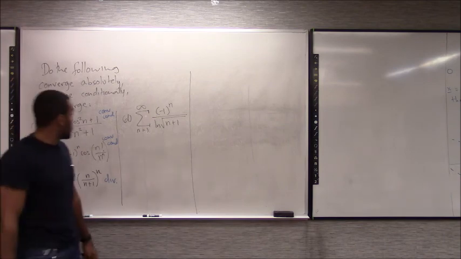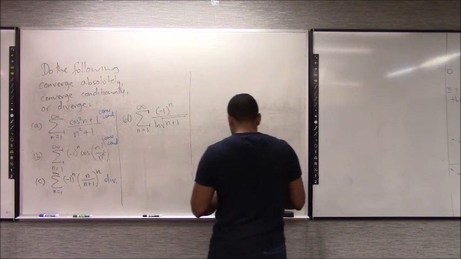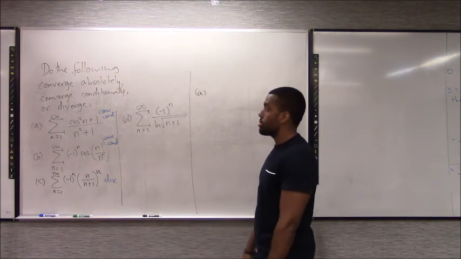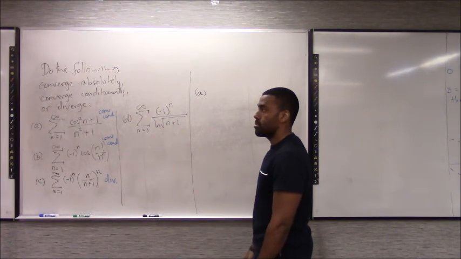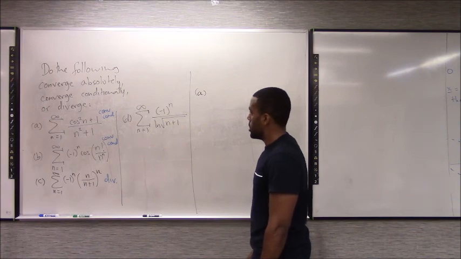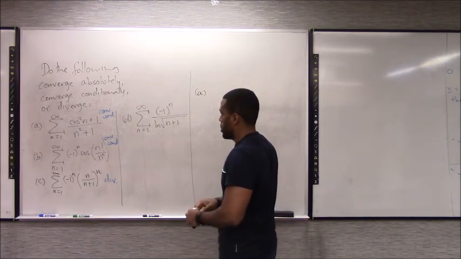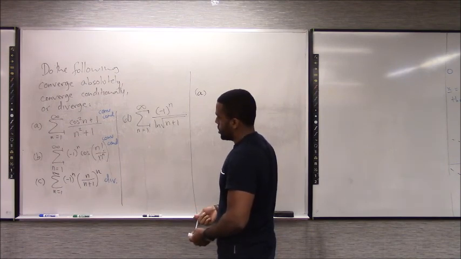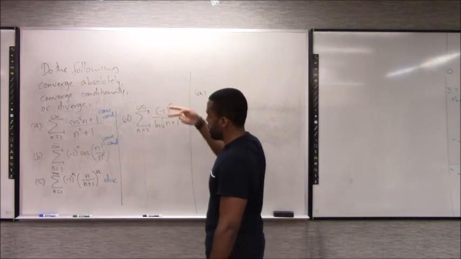Let's actually go through these. So tell me, what did you actually do for A? The limit comparison, with 1 over n squared. Okay, so that would say it converged, because then you would multiply by 1 over n squared.